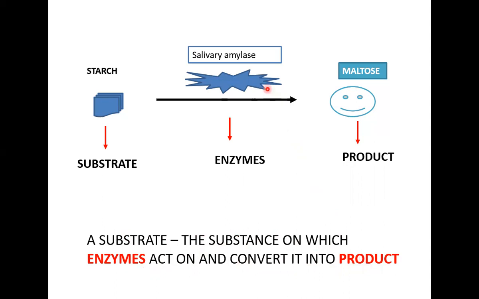Now, this diagram here is to help us understand the difference between substrates and enzymes. This is an enzyme in the body, for instance. This enzyme is called salivary amylase. This is an enzyme. Supposing that I've taken starch, the starch in the body here becomes what?